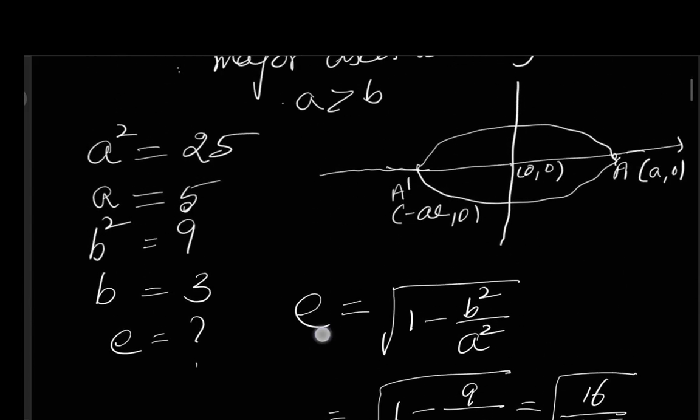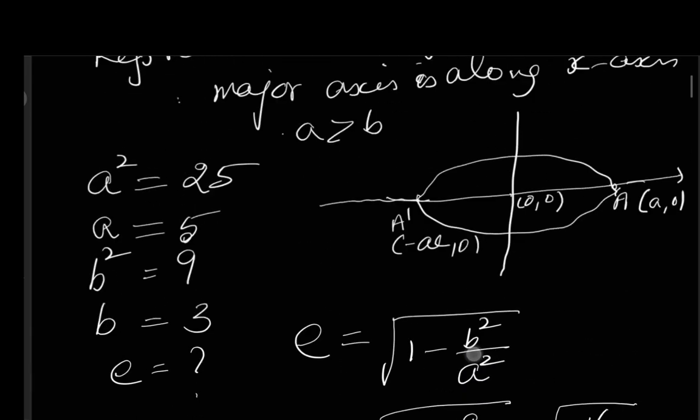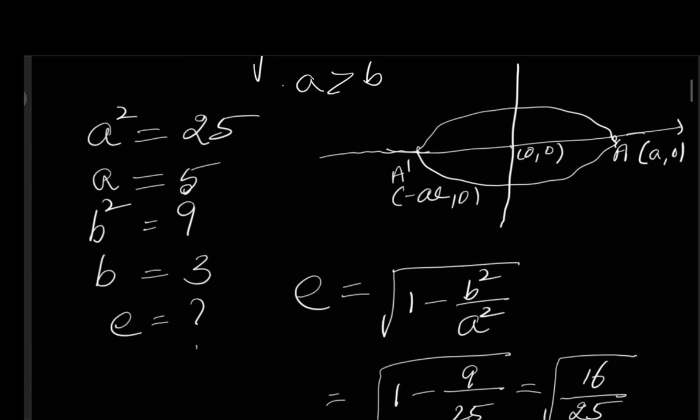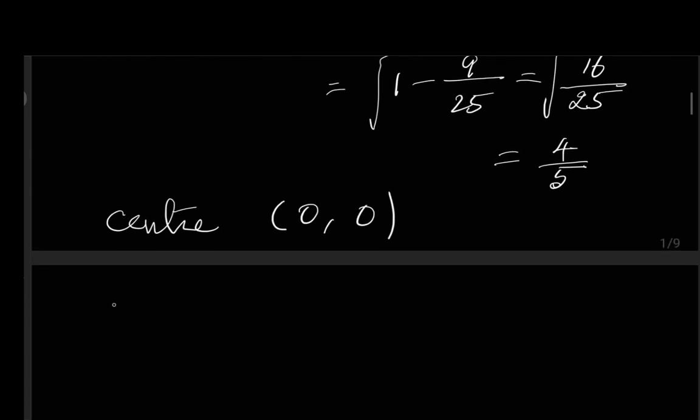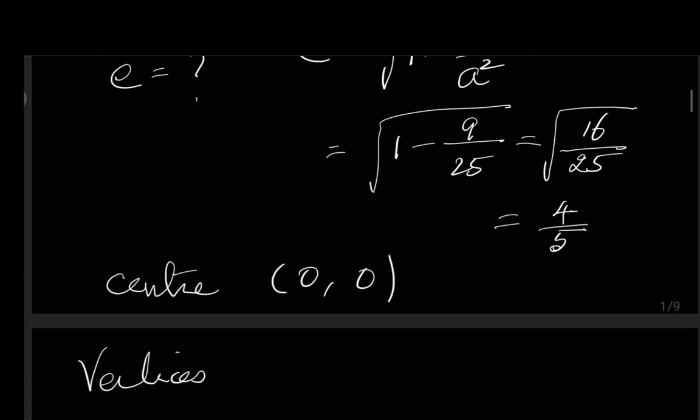So first, let me take center. Center is 0, 0. Next they ask you to find foci, vertices. Let me find the vertices here. Vertices A and A dash.